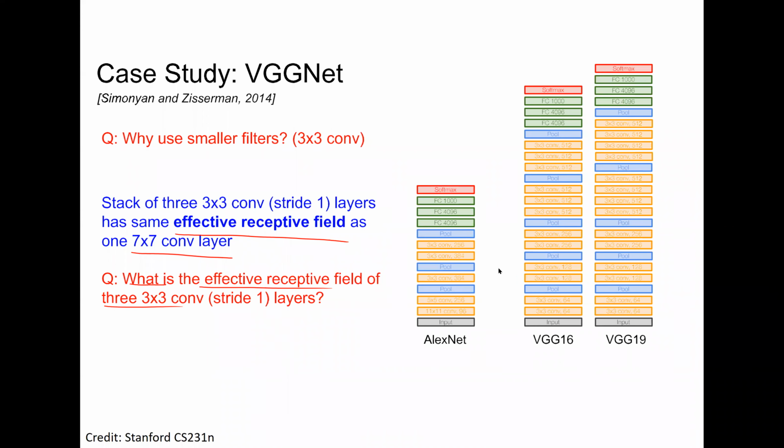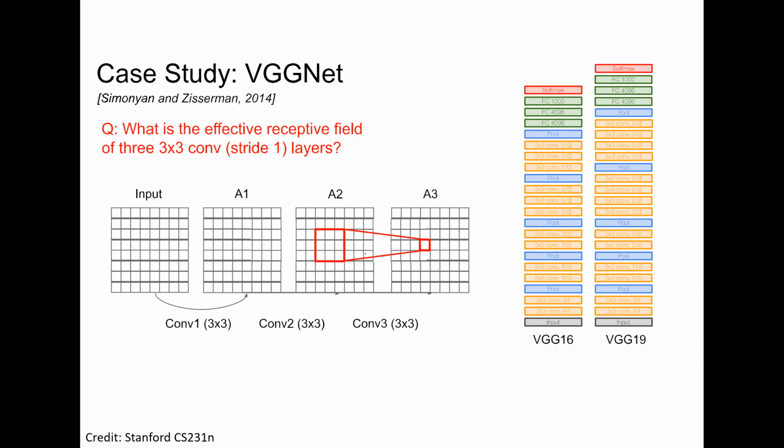Okay, let's check the answer together. For a single convolution, the receptive field will be 3x3. It's straightforward. What about the next convolution?